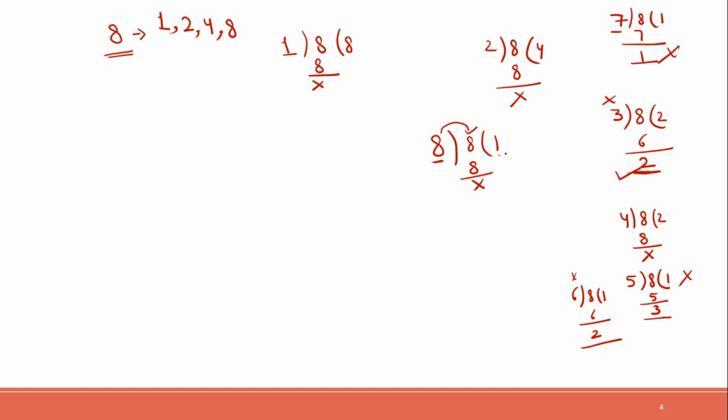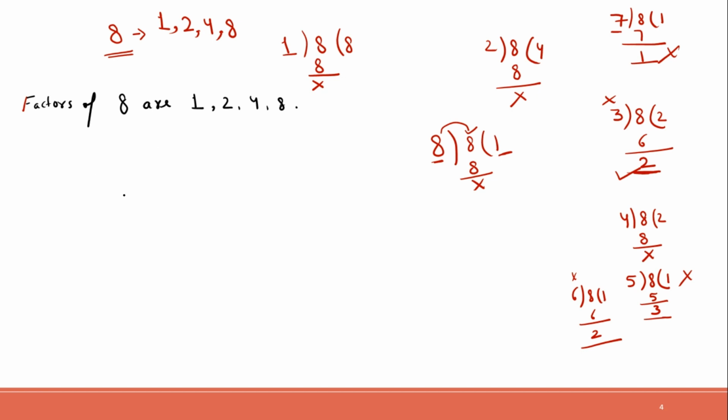So we'll check till this point only. So factors of 8 are 1, 2, 4 and 8.